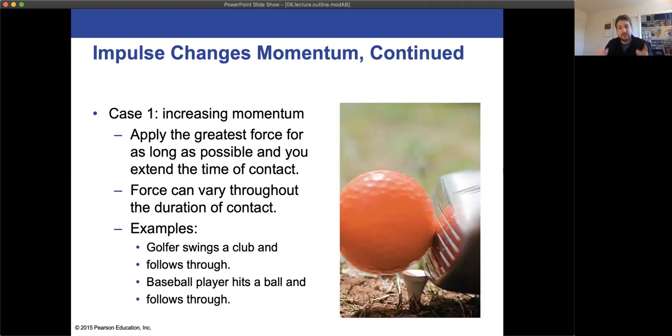The longer that duration lasts, the more impulse is imparted to the ball. Same force, maybe, applied for longer.